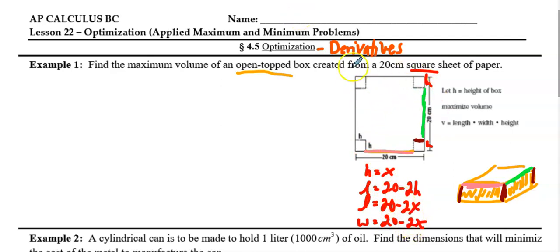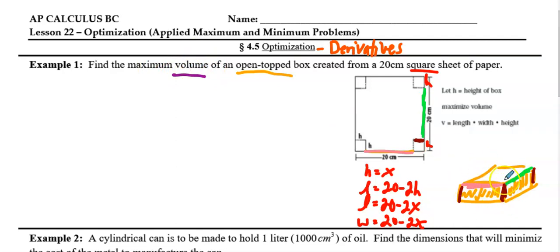Now, once we realize that we have our dimensions and we have everything in terms of one variable, then we need to actually find an equation to solve for here. This is kind of like what we did with related rates. We're not doing related rates, because everything's in one variable, but we do want to find the volume of this shape.